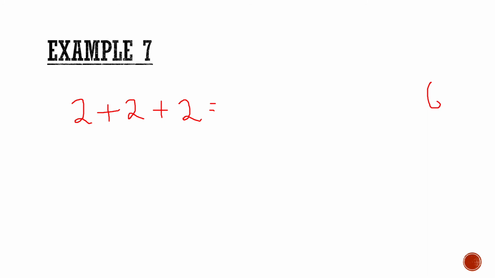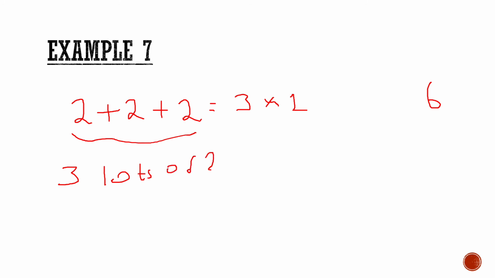But in maths, I can write it as 3 times 2, because I've got 3 lots of 2. If that makes sense, I've got 3 lots of 2, so that's where that 3 has come from.